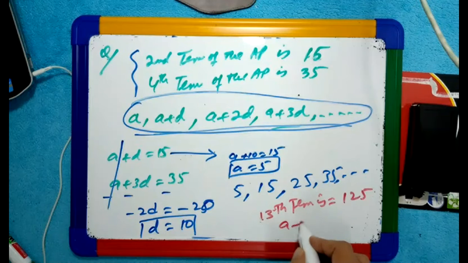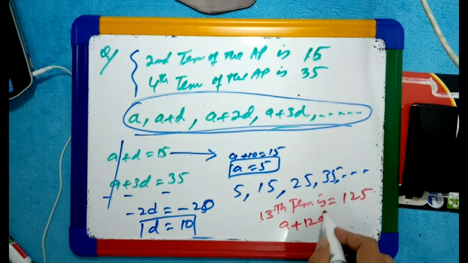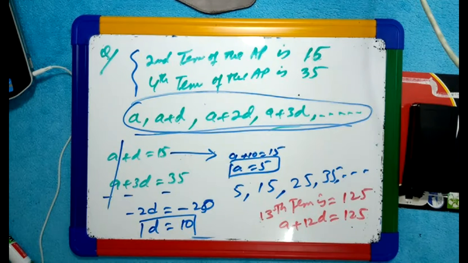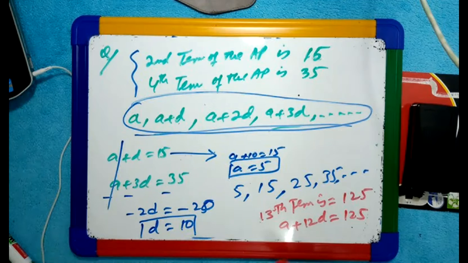You'll write A plus 12D equal to 125. Wow, now your mind is working fantastic. So A plus 12D equal to 125. You will write like this.